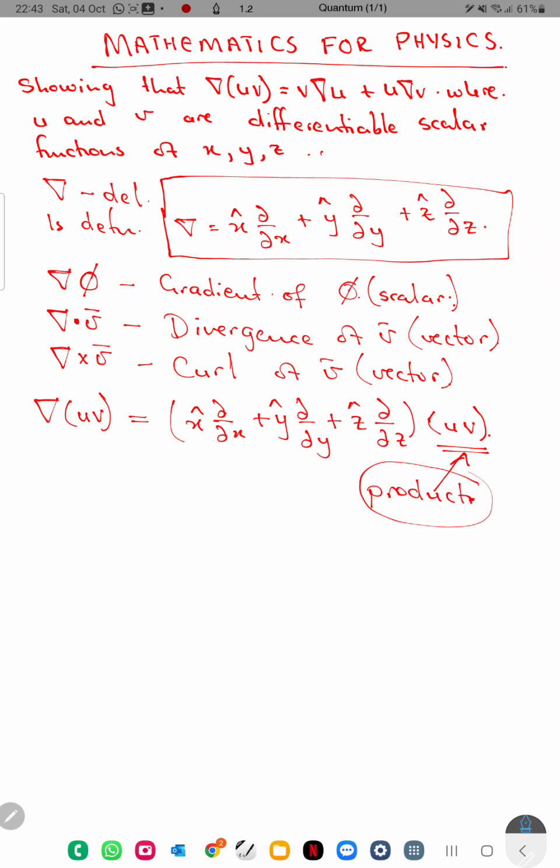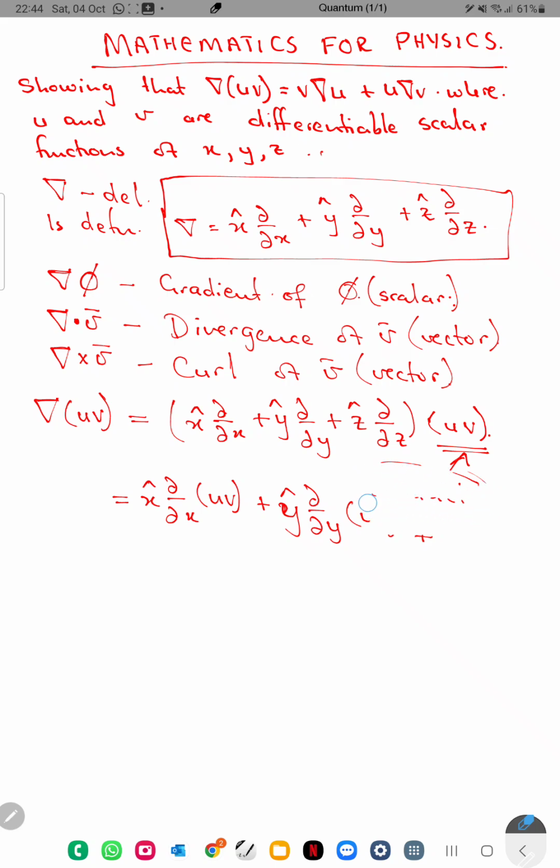Now, what does the product rule say? We know it's a product, so first of all it can be separated. We can say d of dx of uv, plus the unit vector in the y direction, d of dy of uv, plus z d of dz of uv.